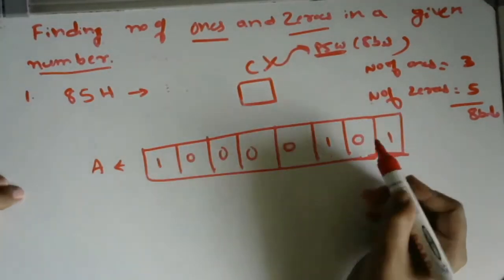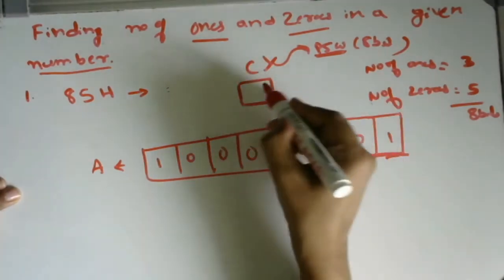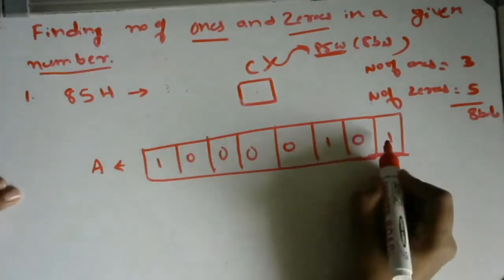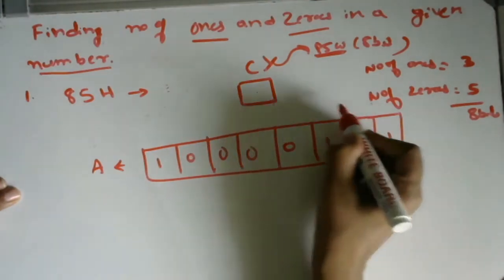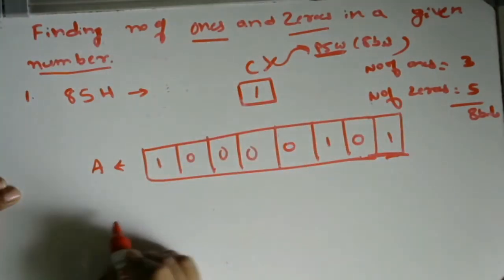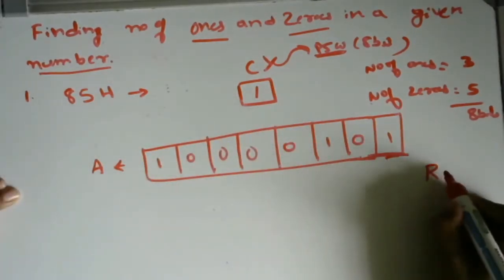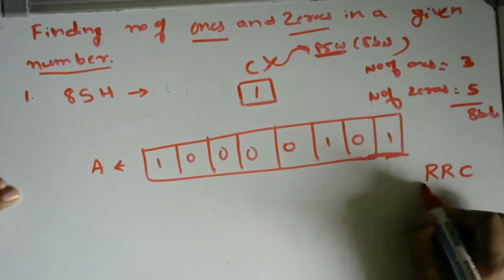Now we need to move this bit into the carry flag. We will move this one here. This can be done by using the instruction RRC.